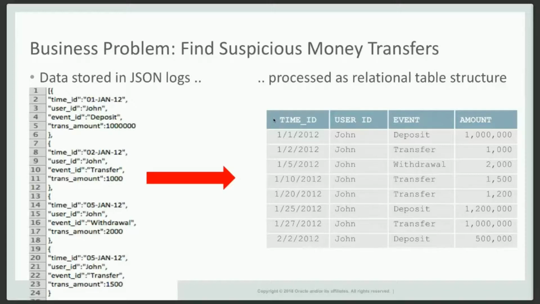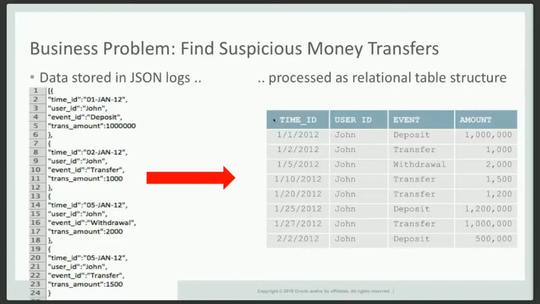And you'll see this in this example on Live SQL. We'll show you the code of how to take the file, store it directly as a JSON object, and then query it using SQL as a normal relational table structure. And it's a very straightforward process.